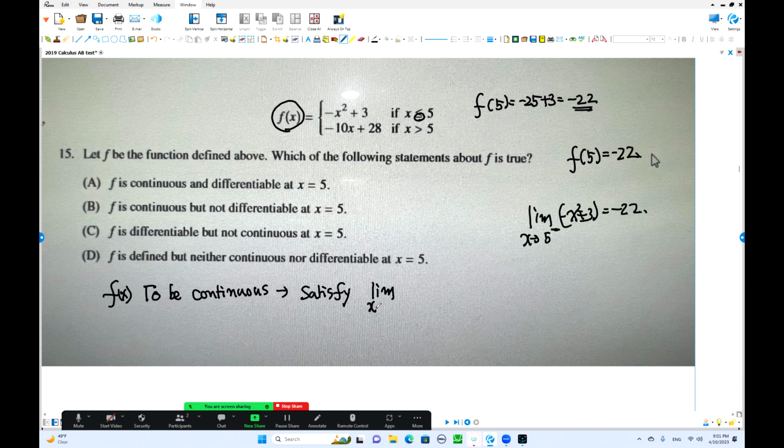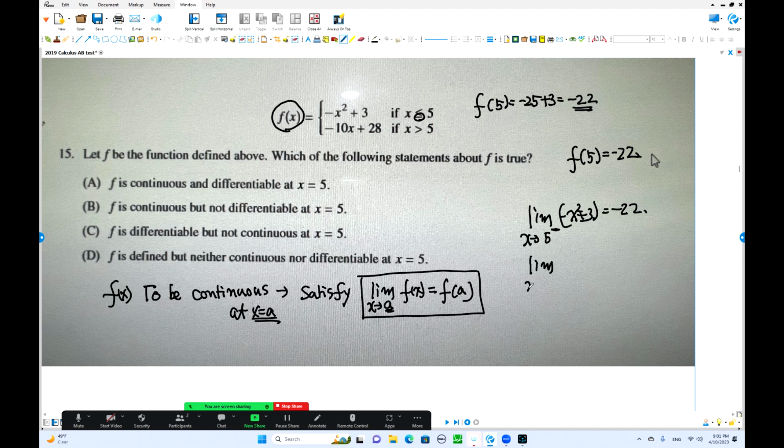Limit as x approaches some number a, continuous at x equals a. Only this point. There must be a limit value, and this limit value must equal the actual value. Then f of x is continuous at x equals a. And that is the limit value from the left-hand side.